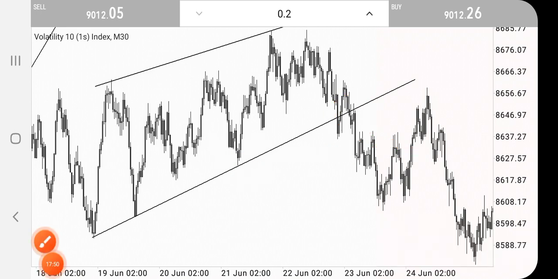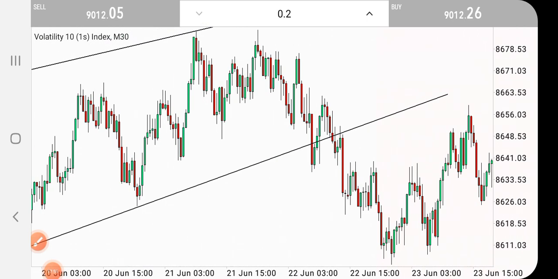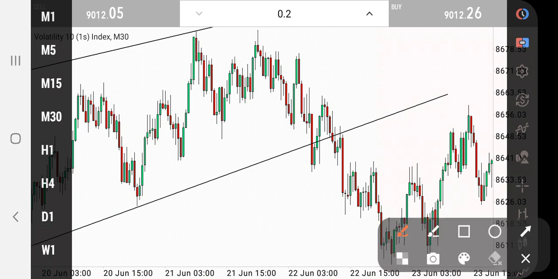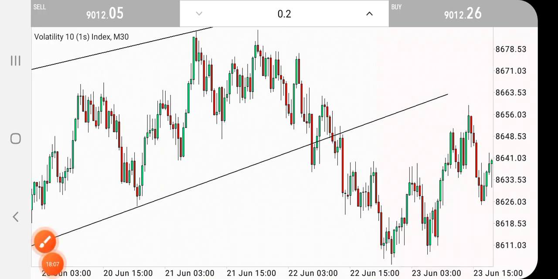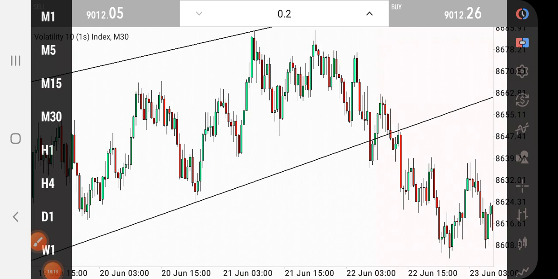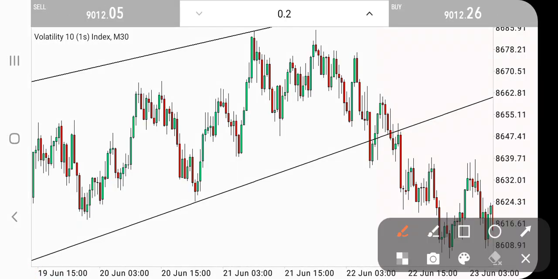So here you see, in this scenario, the market is trending to the downside. What should we do? In scenarios like this, the market has broken down here.